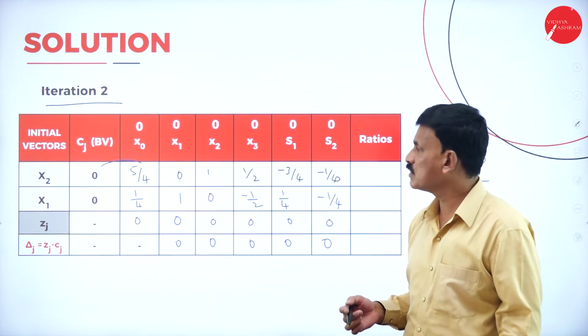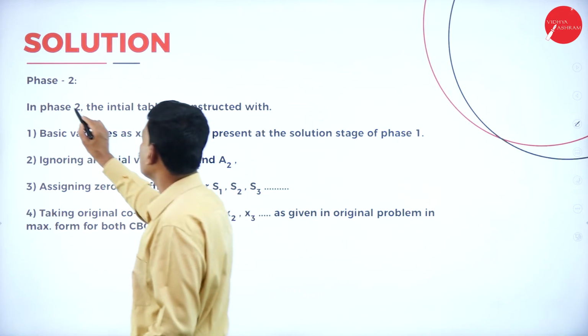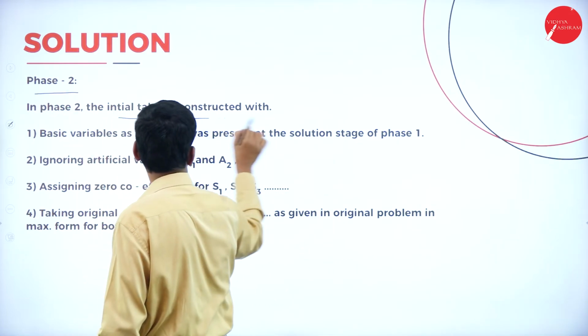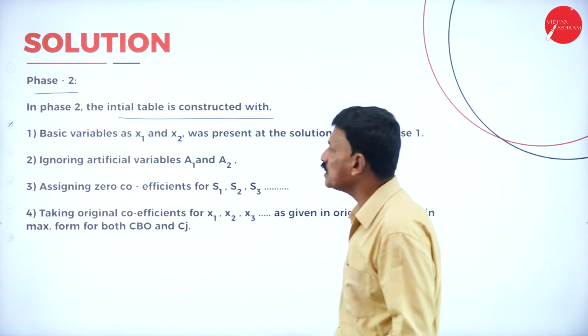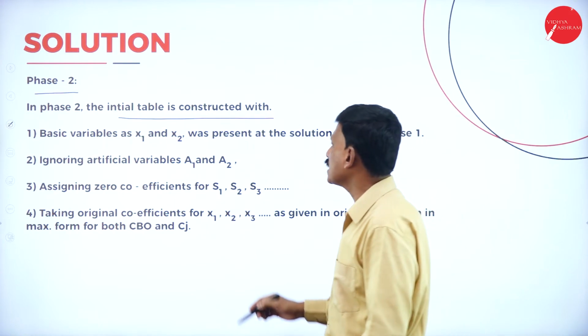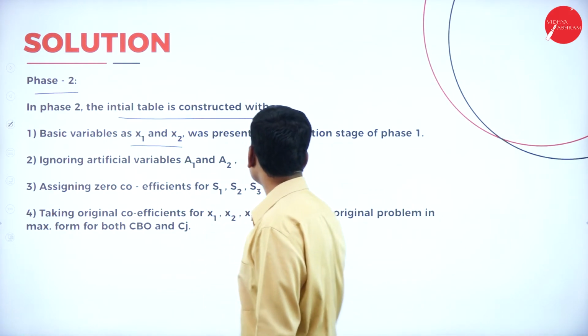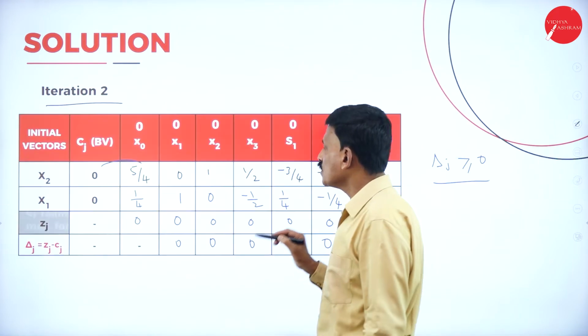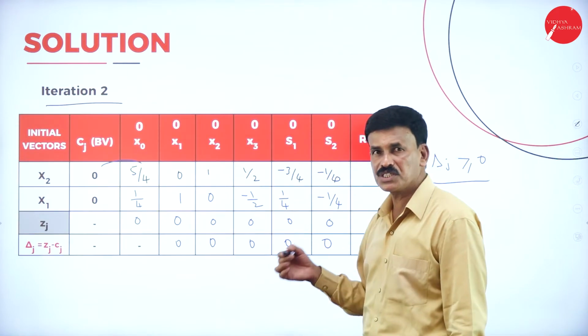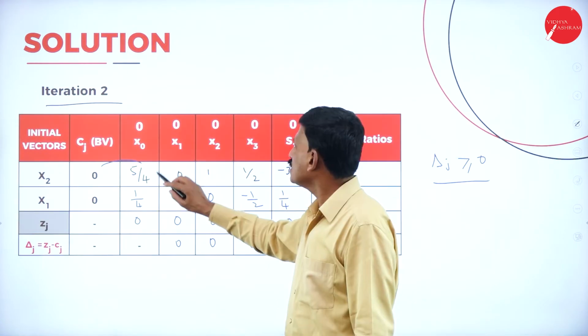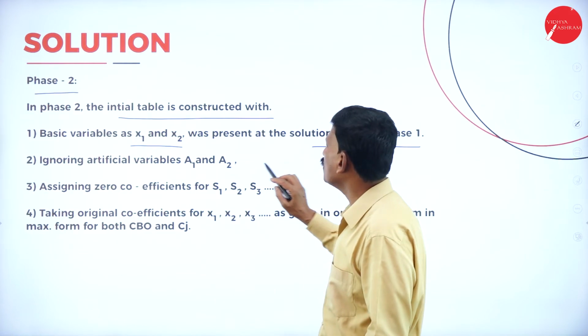So then what is the conclusion? We can say that we will go for phase 2. In phase 2, the initial table is constructed with basic variables x1 and x2, which were present at the solution stage of phase 1. So we have to go for the next phase, phase number 2. Here, what are the coefficients?